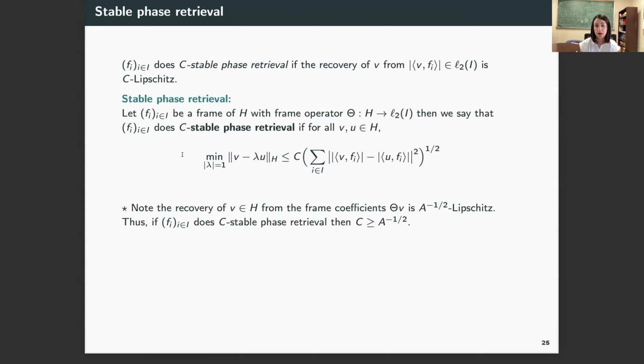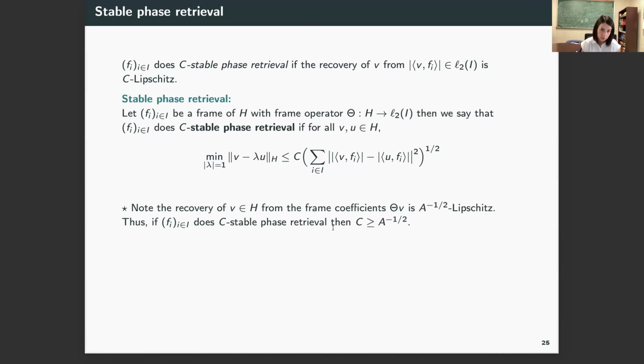In other words, if I'm looking at the minimum, for any V and U, of the distance of V minus lambda U, this is going to be bounded above by a constant C times how far away the magnitudes of these frame coefficients are from each other.